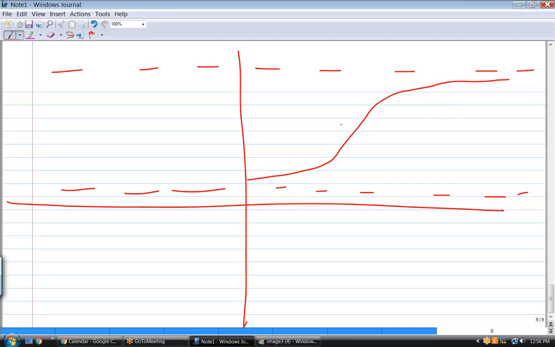So I have a fairly steep slope there, and not as steep there, and then gradually it's still positive, but it's less positive. By the time I go way out to the right, it's almost zero. It's just barely above zero. In other words, it's always increasing, but it's always increasing towards this upper limit.